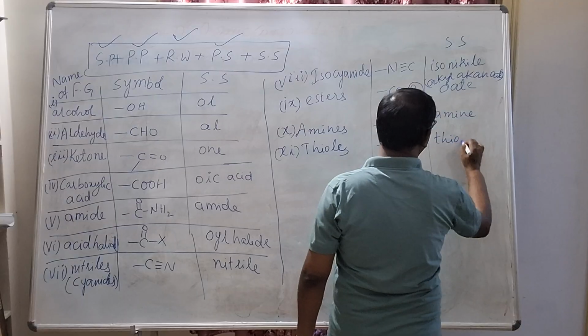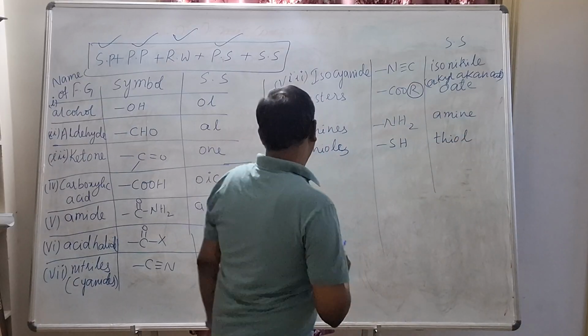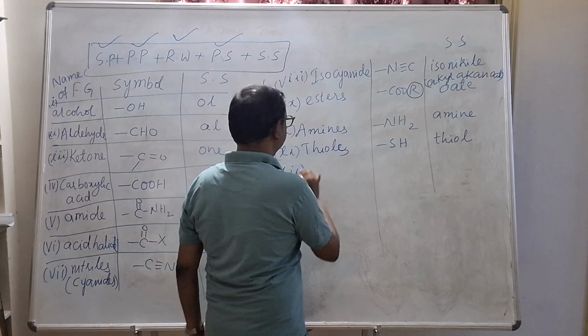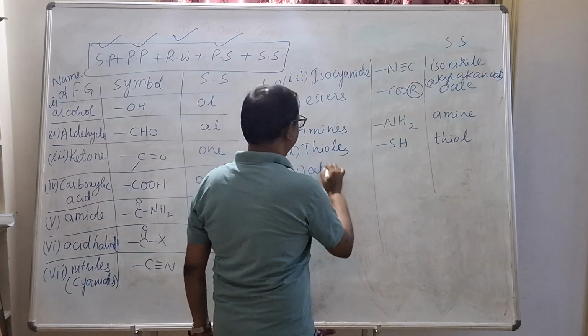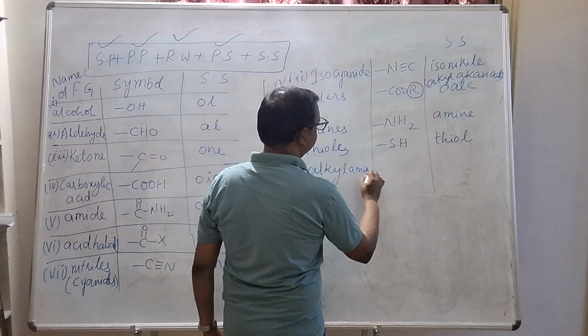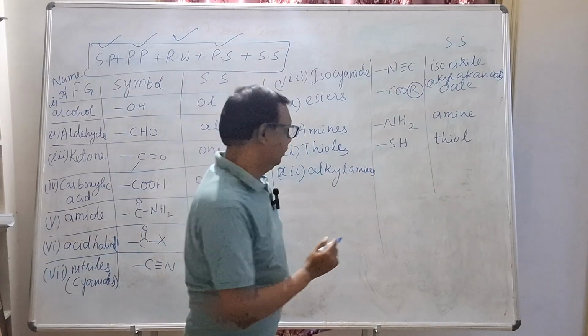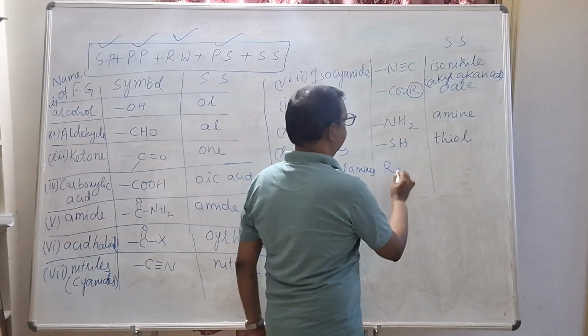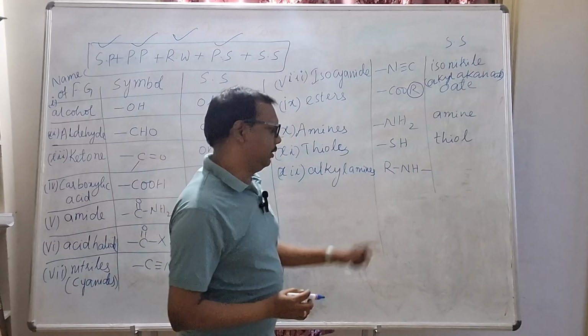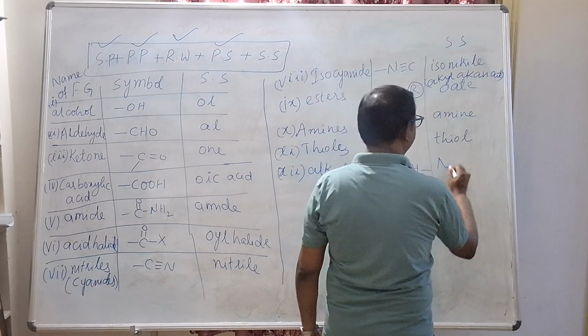The twelfth one is alkyl amines, RNH, named N-alkyl amine.